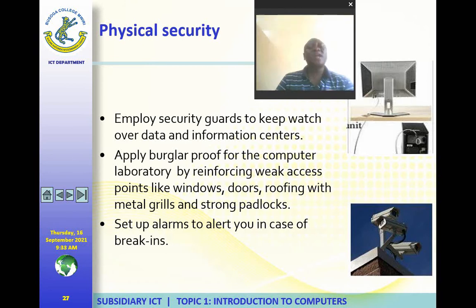You can even set up alarms to alert you in case of break-ins. So you can see that cameras are here and they're on standby. Someone should be here to watch and monitor what we are picking from the cameras.